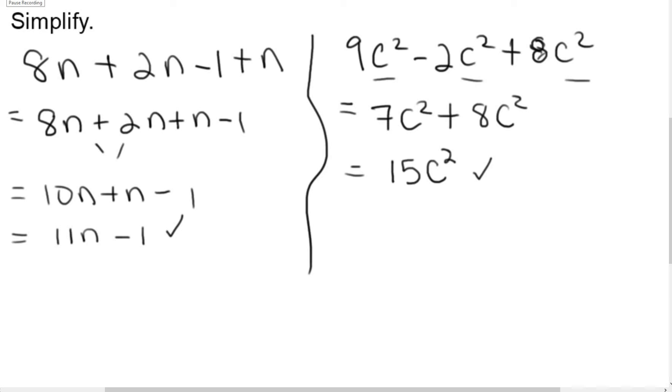So let's look at one more example. Let's simplify x plus y plus z plus 1.